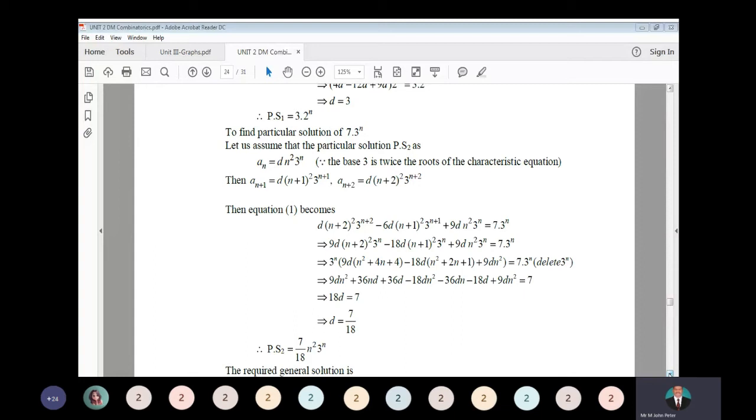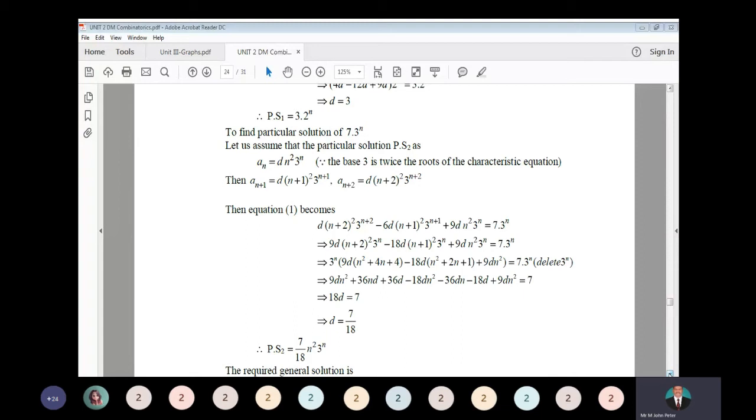Okay, so here take 3 power n as a common and expand the inside values. That is 9d into (n square plus 4n plus 4) minus 18d into (n square plus 2n plus 1), then 9d n square, that's equal to 7 into 3 power n. So both sides eliminate 3 power n, so you will get 9d n square plus 36nd plus 36d minus 18d n square minus 36dn minus 18d plus 9dn square, that's equal to 7.